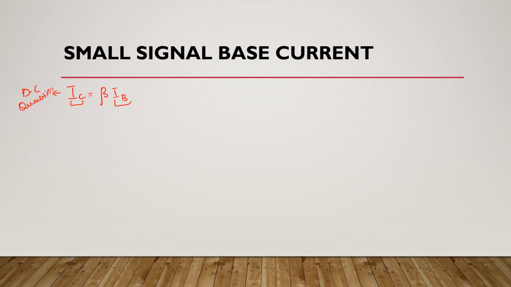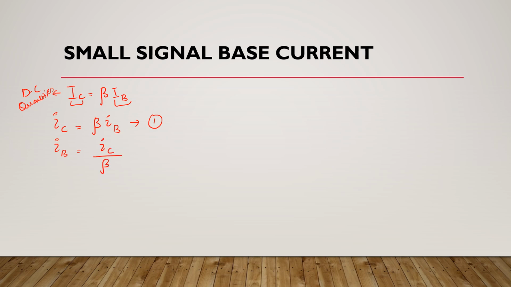Now we are talking about instantaneous quantities. So this equation becomes instantaneous collector current is equal to beta times instantaneous base current. This is equation number 1. If we rearrange it, we get instantaneous base current is equal to instantaneous collector current divided by beta.